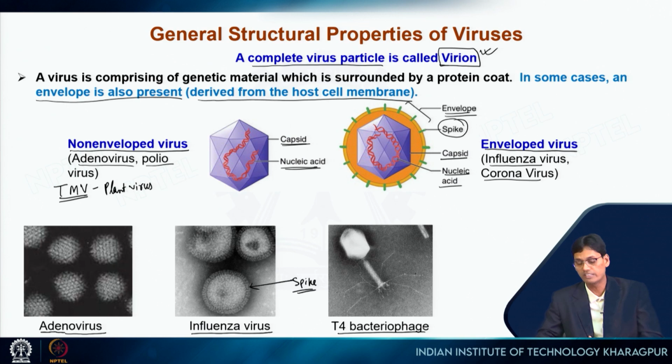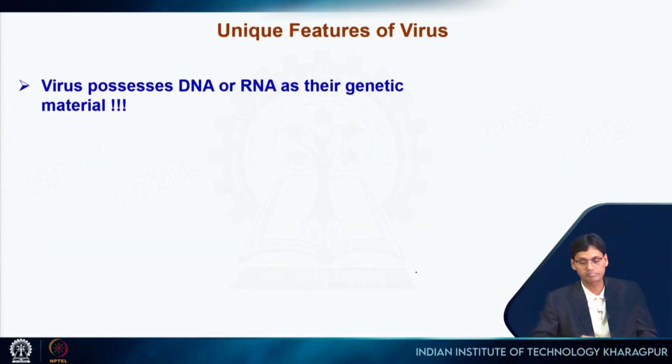This is the head, and this is the tail, and it looks different compared to other viruses. But their basic features are the same: they are made by only nucleic acid and protein, and some viruses have the envelope.